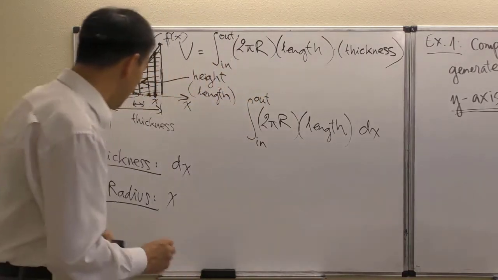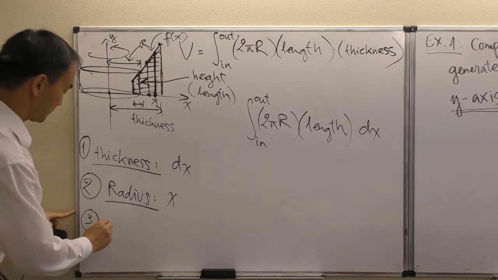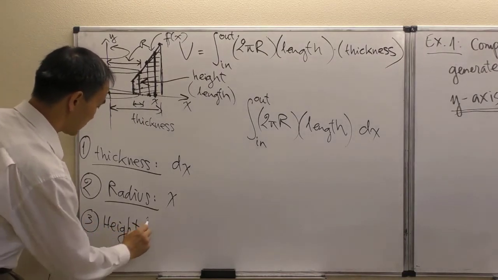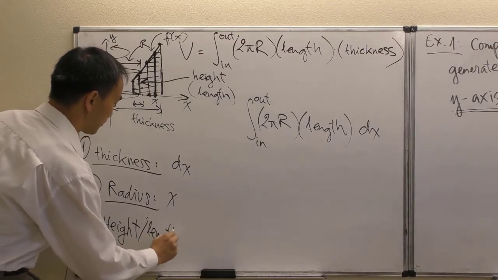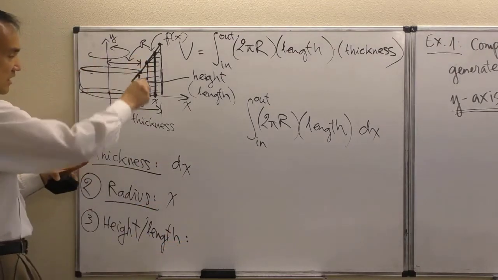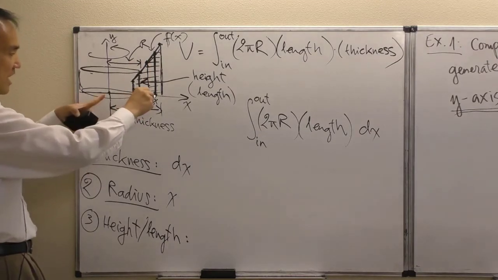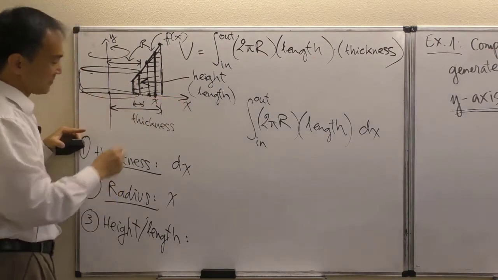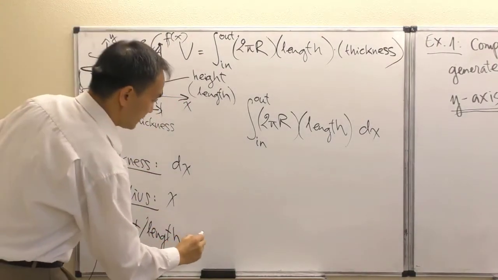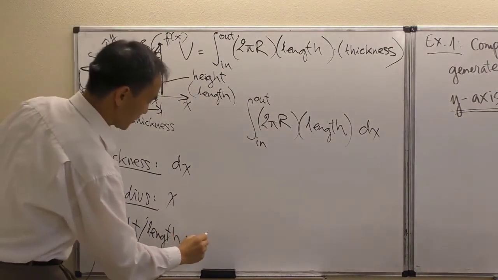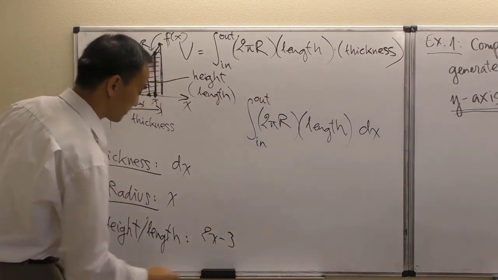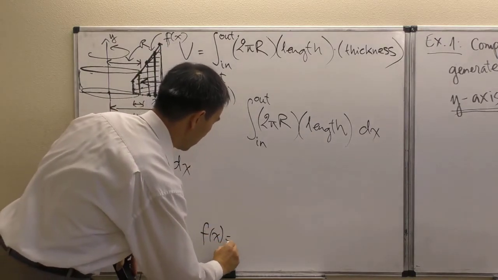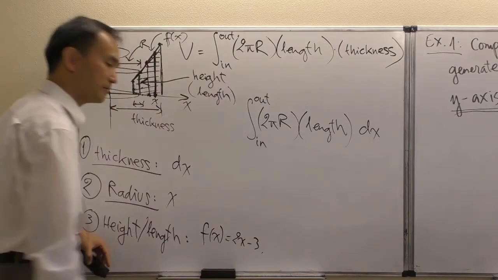What I see now is that the height or the length of our stripe is determined. At any radius x, or at any x value where we place our stripe, because it's on the x-axis, the length of the stripe is f of x, or in this case 2x minus 3. For short, f of x equals 2x minus 3.